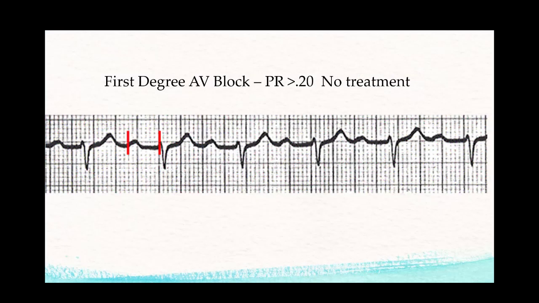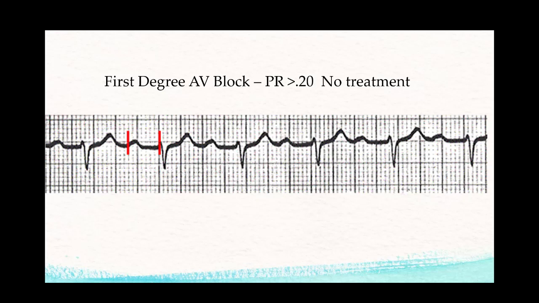AV blocks. This is when something is happening at the level of the AV junction, the bundle of His, that's causing a slowdown. So a first degree AV block is a normal variant, and this is when our PR interval is greater than 0.2. Look at the PR interval on this strip.